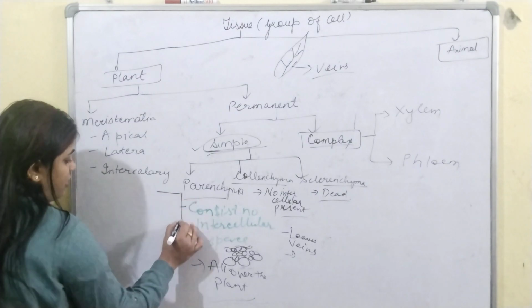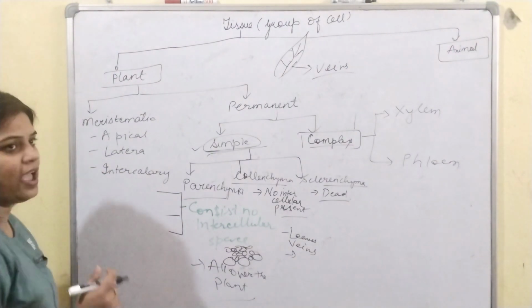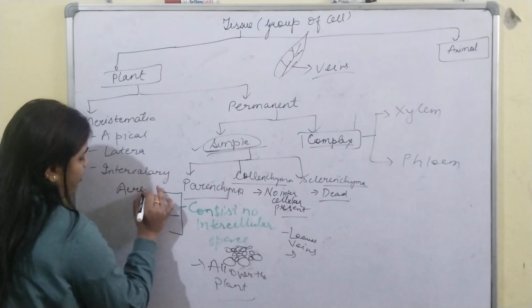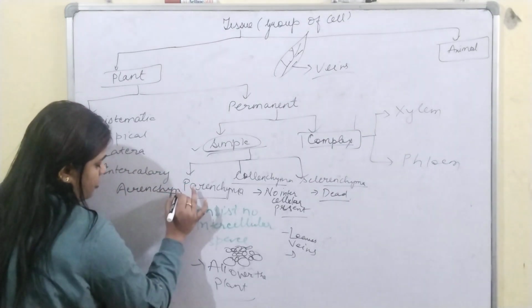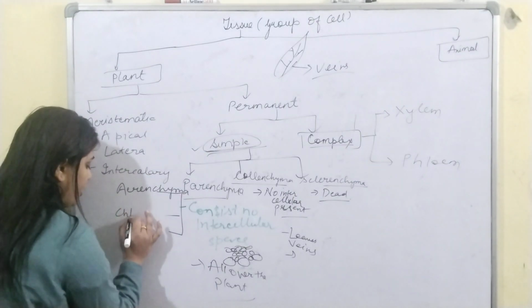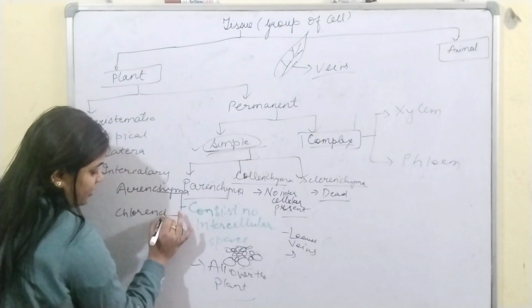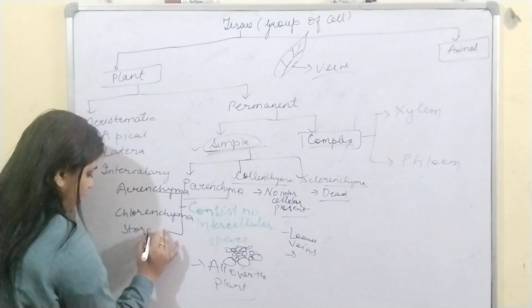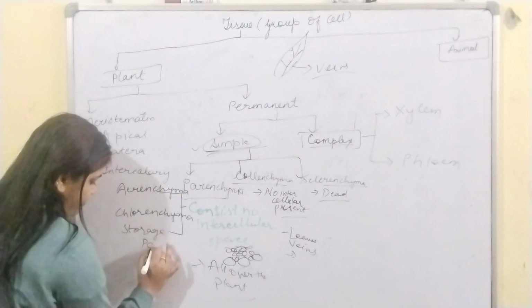What are the three parts? On the basis of function, parenchyma is divided into aerenchyma, chlorenchyma, not collenchyma, it is chlorenchyma, and storage parenchyma.